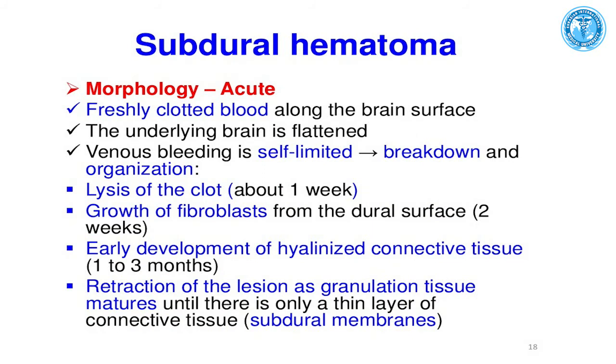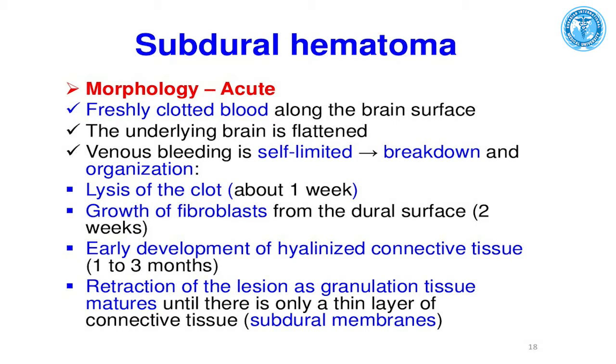Subdural hematoma morphology can be acute, freshly clotted blood along the brain surface, with the underlying brain flattened. Venous bleeding is self-limited and leads to breakdown and organization. Lysis of the clot takes about 1 week.